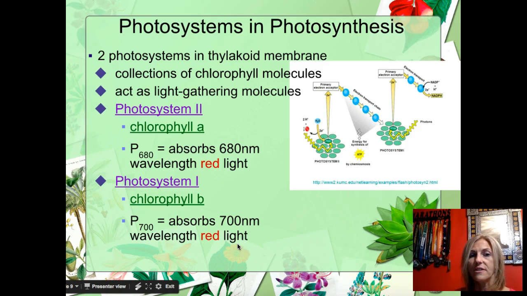And there are two photosystems that we talk about. Photosystem 1 over here is going to absorb the wavelength 700 nanometers. Photosystem 2 over here absorbs the wavelength 680 nanometers. This is a cluster of pigments, and so you call it a photosystem.